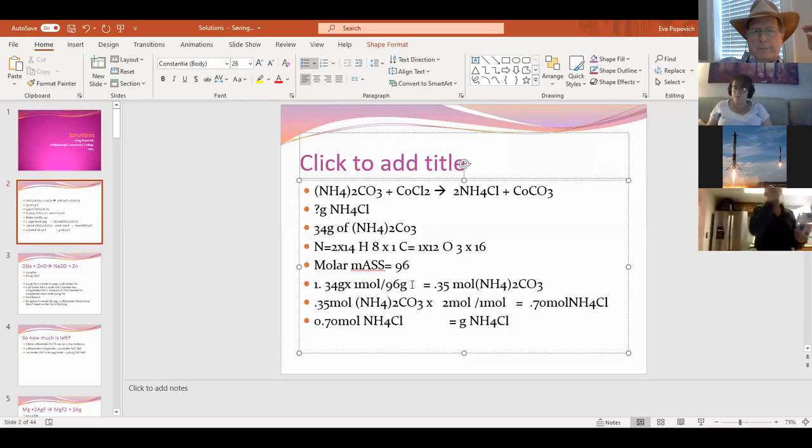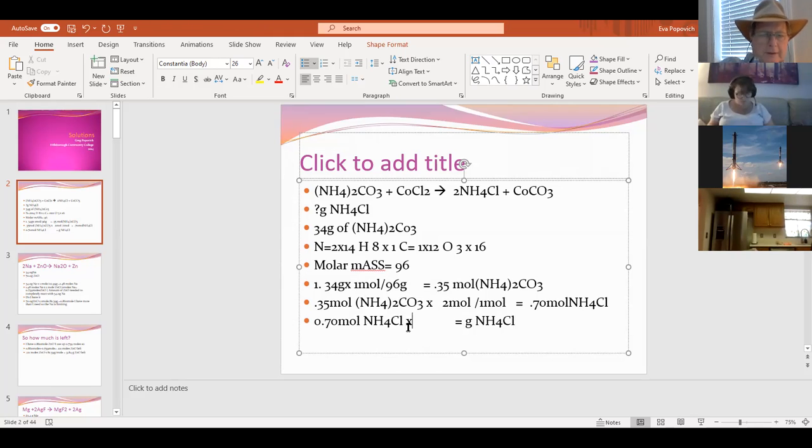We use the molecular weight, and going from grams to moles, we put 1 mole on top of grams. So if I'm going from moles to grams, don't I have to do the exact opposite? So I'm going to be putting grams over 1 mole. I just have to figure out the molecular weight of ammonium chloride, and that's 35.5 plus 4 plus 14.